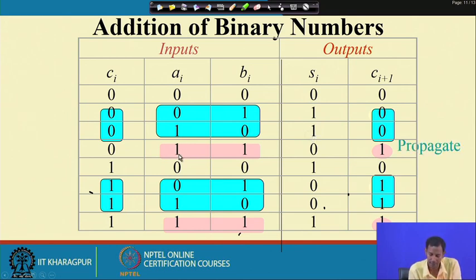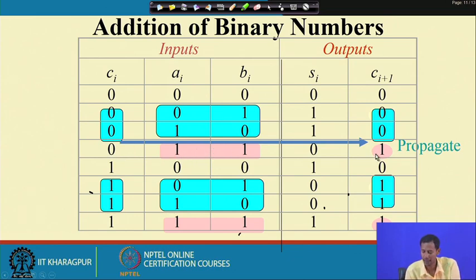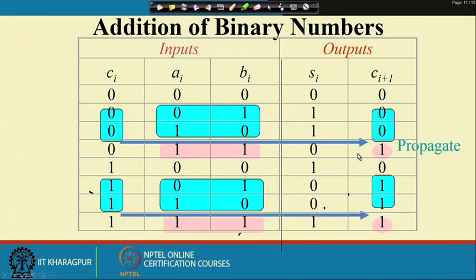But whenever A and B are both 1 1 and carry is 0, at that time the carry out is 1. And the same thing for the last one: for 1 1, if the carry input is 1, at that time sum is 1, but the carry is already 1.